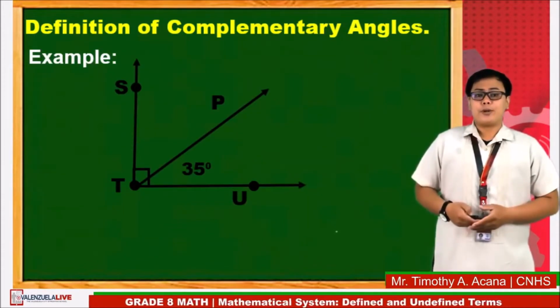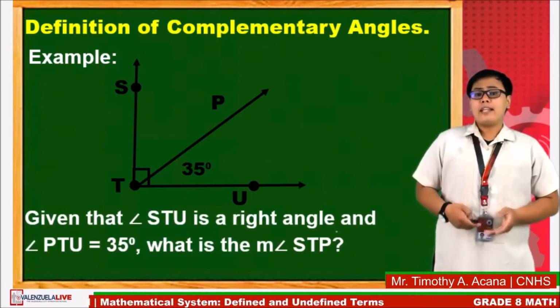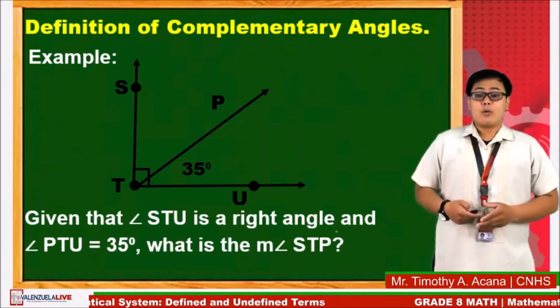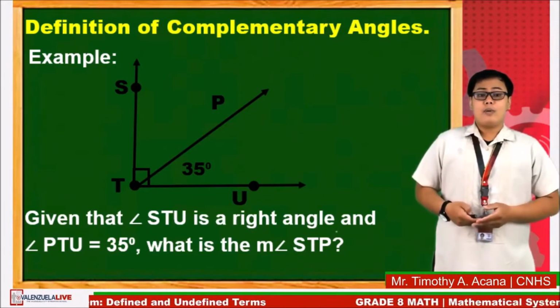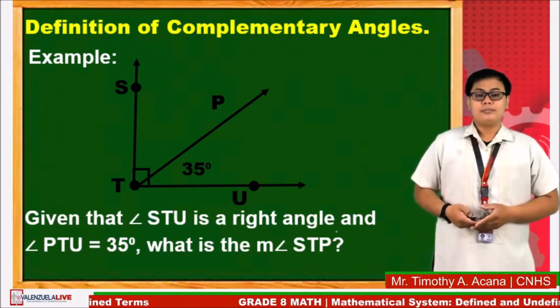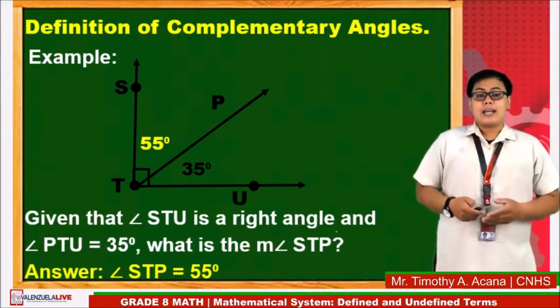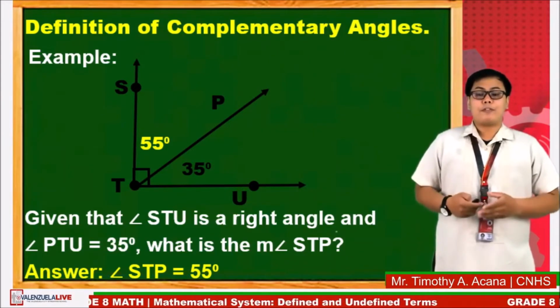In the given figure, given that angle STU is a right angle and angle PTU is equal to 35 degrees, what is the measure of angle STP? Very good. The answer is angle STP is equal to 55 degrees.